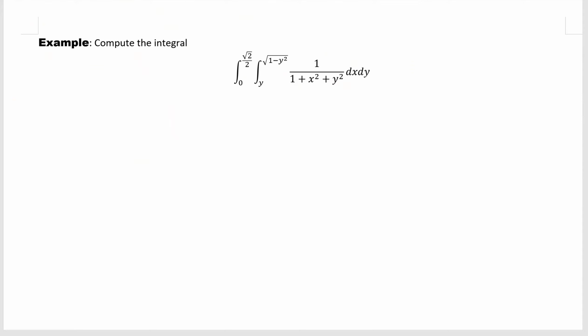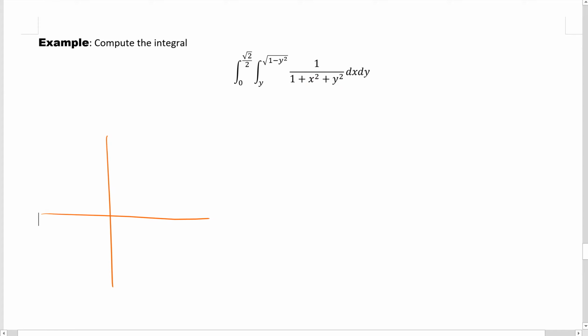Then we know how to change to polar coordinates, and you don't need to really draw the function in space, okay? Because the function will be the same function, but just replace x by r cosine theta and y by r sine theta. And when you see x squared plus y squared together, you can simply replace it by r squared. So let's draw the region in the xy plane.